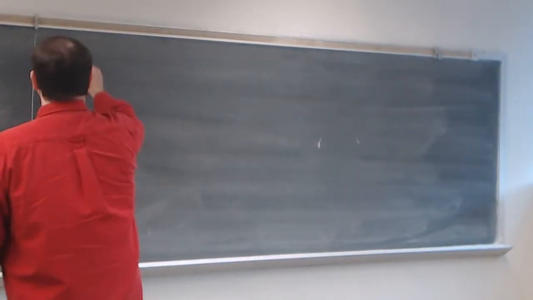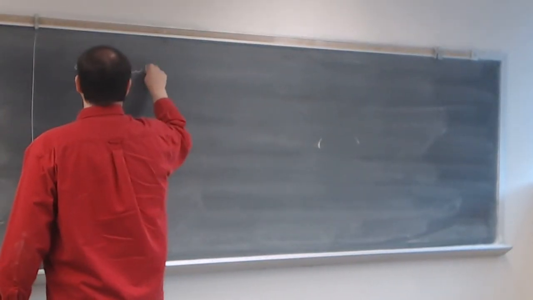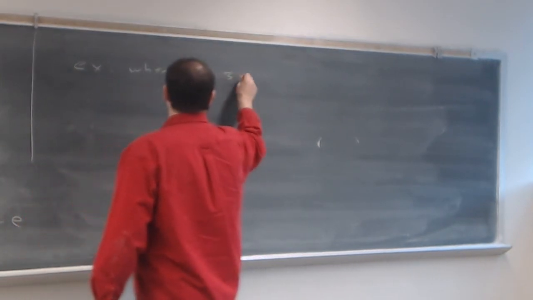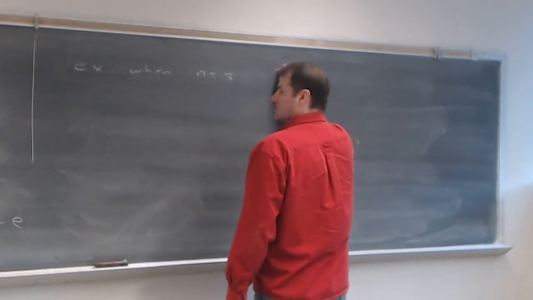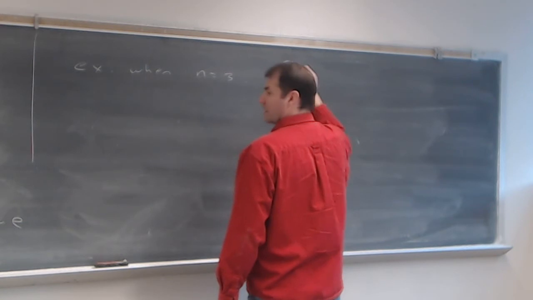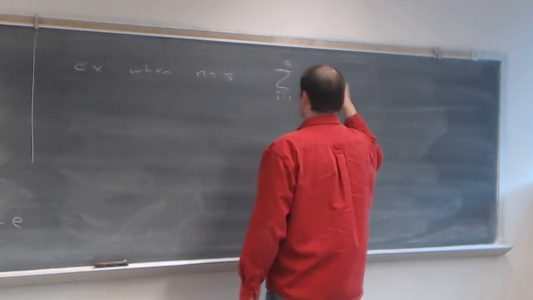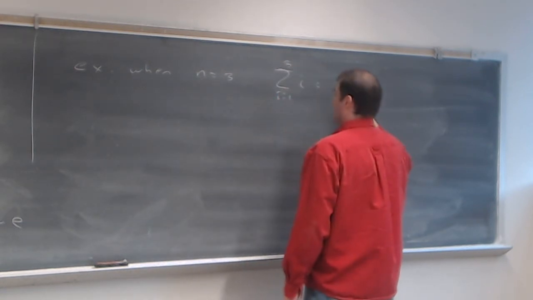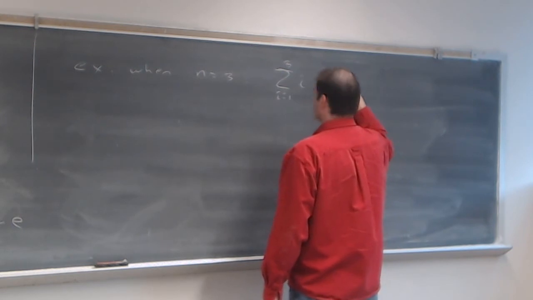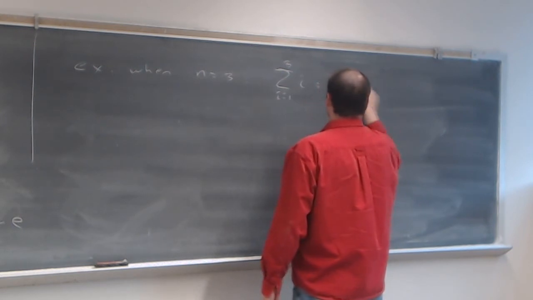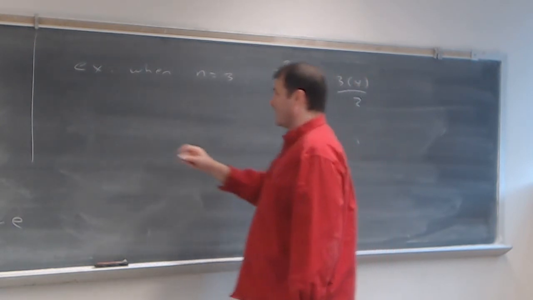Example. Let's say n is equal to 3. Here's the statement: the sum as i runs from 1 to 3 of i is equal to 3 times 4 over 2. Let's check it out.